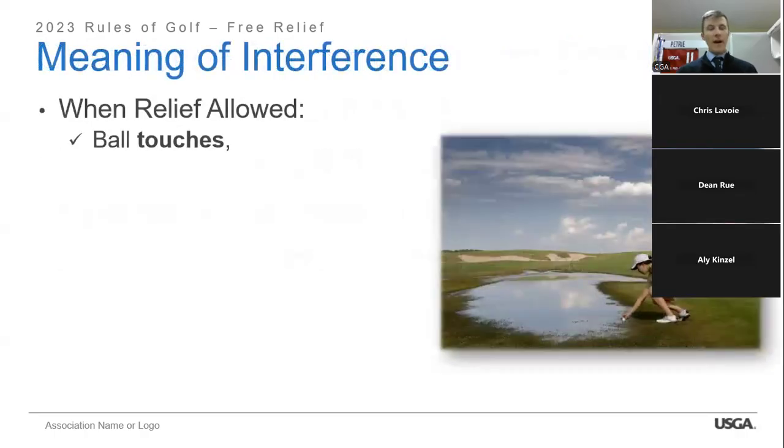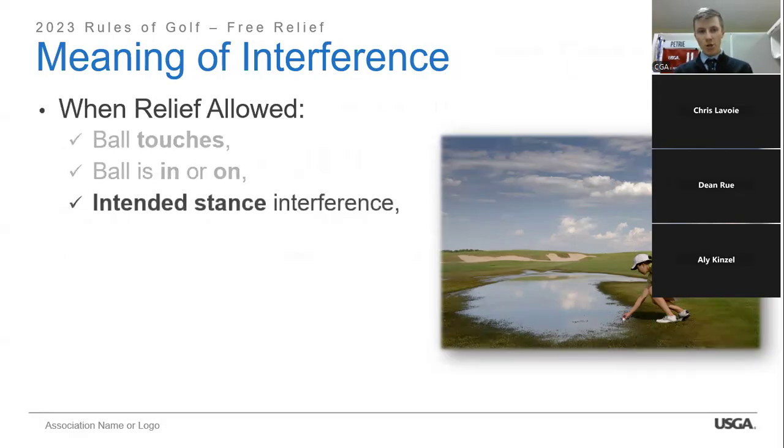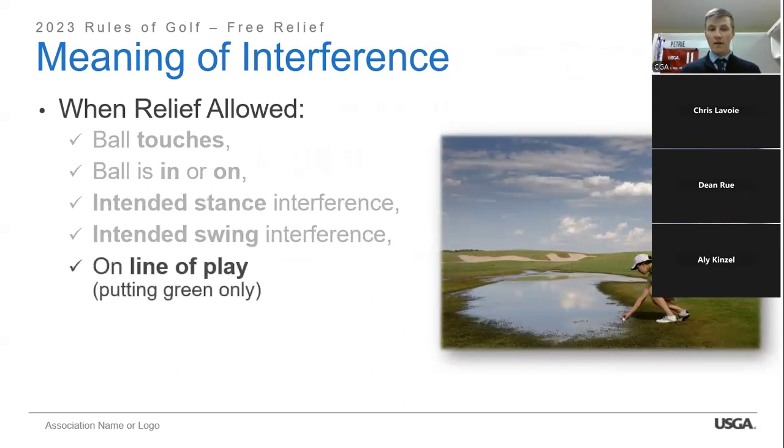Okay, how do we get relief? So great example here on the right, temporary water. When are we allowed to take relief in this case? Whenever a ball touches, or is in or on that condition, or that condition affects our intended stance, intended swing, and on the putting green, our line of play. So line of play doesn't matter when it comes to the general area, but if we have a puddle or a sprinkler head on our line of play there, we're going to get relief in those cases.